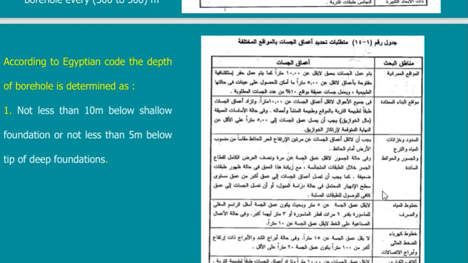Also, in case of less important boreholes, like the boreholes for roads and pipelines, I can use something like 5 to 6 meters as a minimum depth for the borehole.